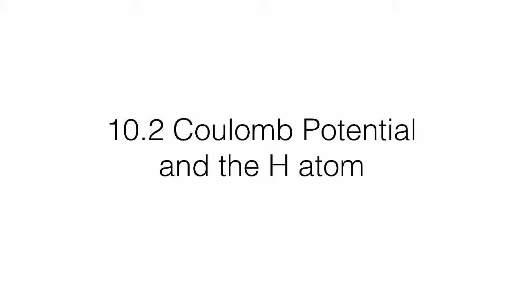It's well known that the hydrogen atom is the only atom that we can solve exactly quantum mechanically. We have done most of the legwork already in preparation with this spherically symmetric potential. We already worked out the solution near the origin, and now we are going to move on.